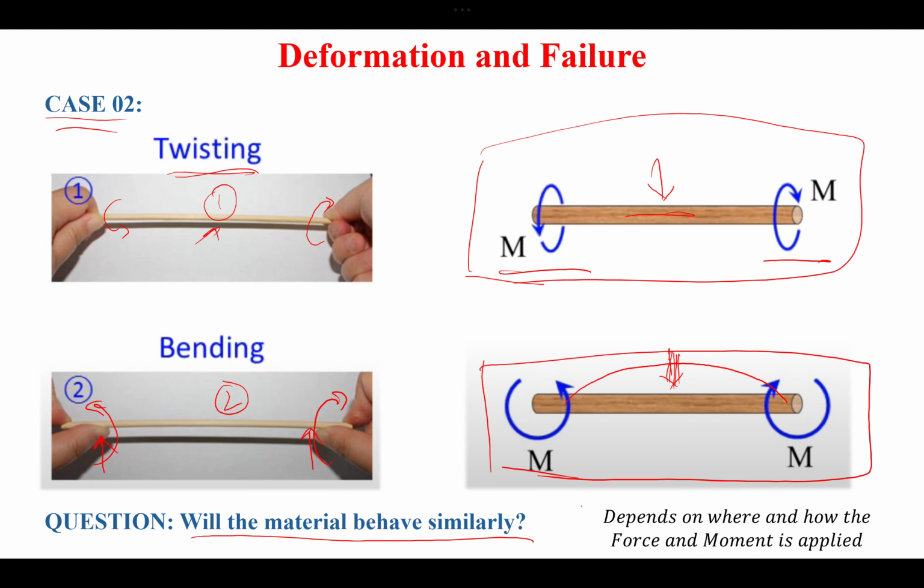The deformation and failure of a body will depend on where and how the forces and moments are applied. In this case both are moments, but they are applied in a different way, so the how is different for each case, and that's why their behavior will already be different.